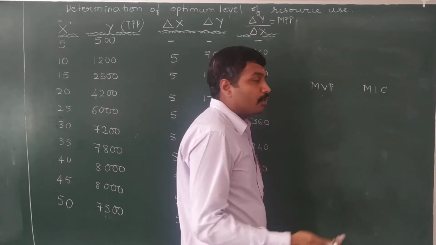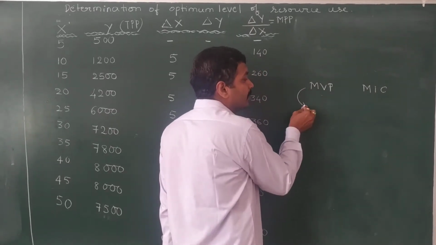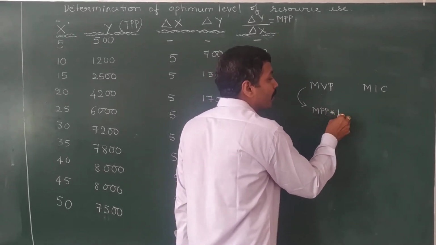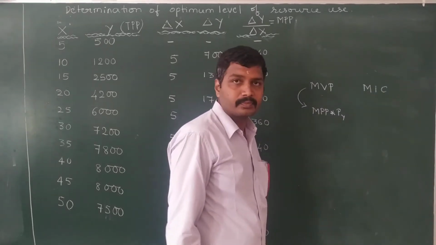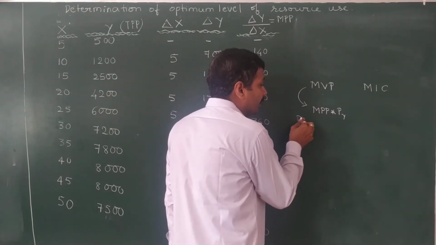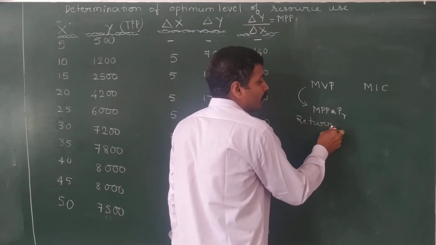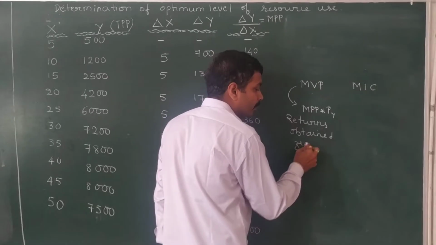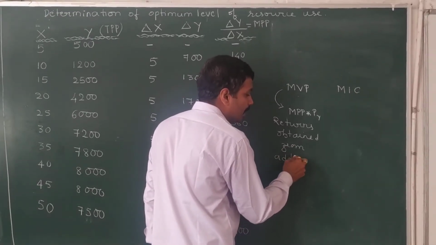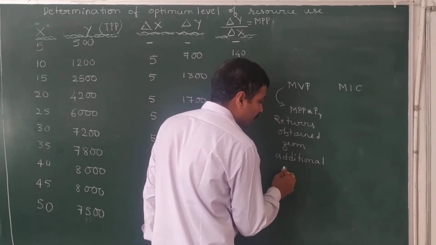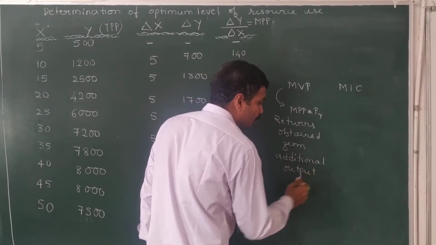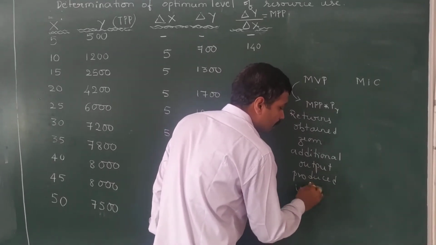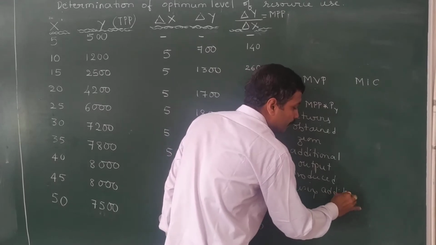Just for the sake of information, MVP is nothing but MPP into price of output. This is nothing but returns obtained from additional output produced using additional input.